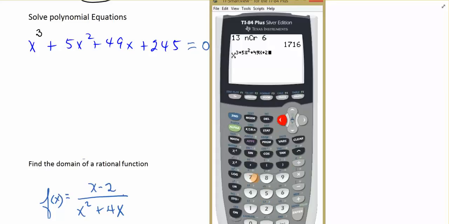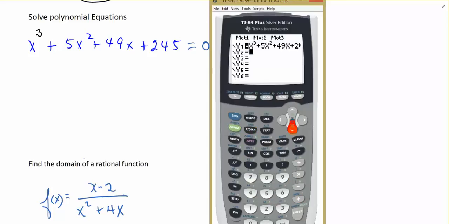why am I not in the y equals? And you guys should have told me that, right? At the start. x to the third, and then I have to remember to come down, plus 5x squared plus 49x plus 245.